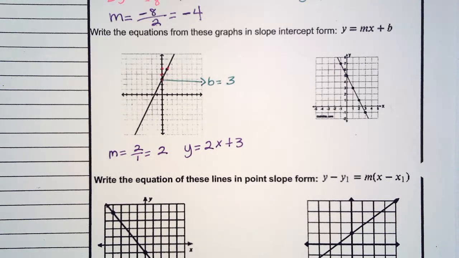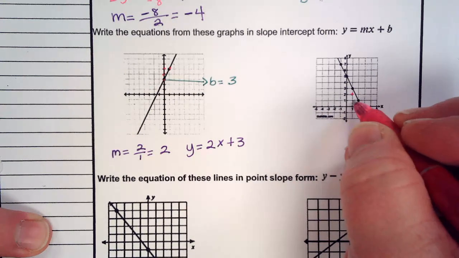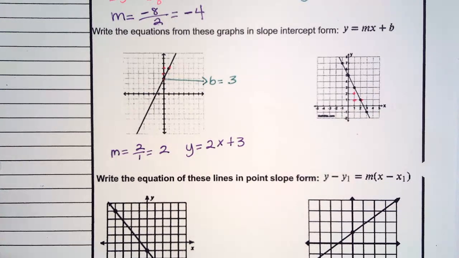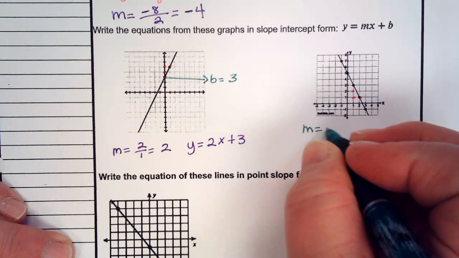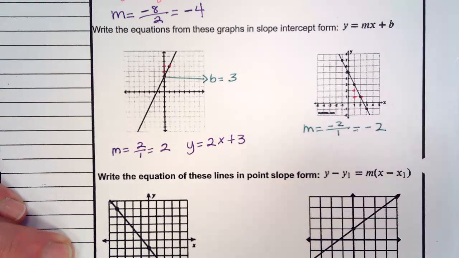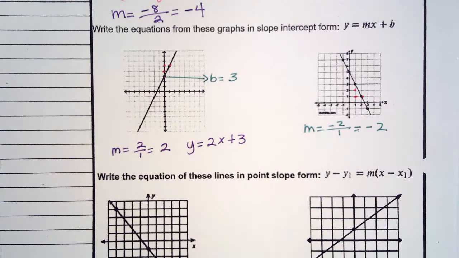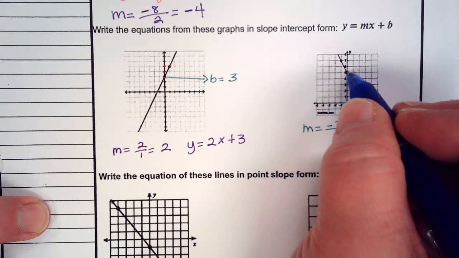For the next one, you still have to find that slope first. So if I'm looking, I've got the points identified. This goes down 1, 2, it goes right 1. My y-intercept is here.